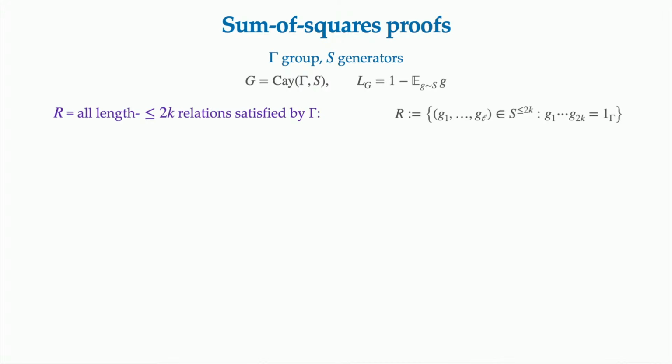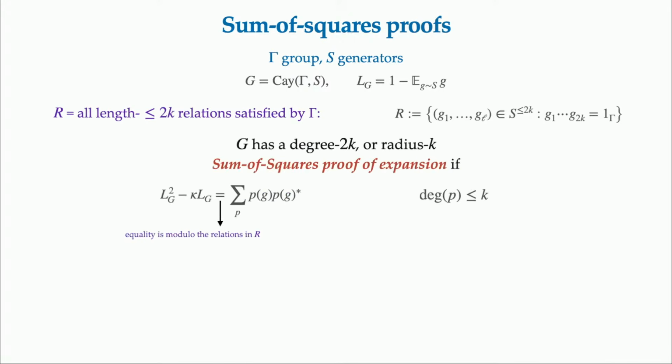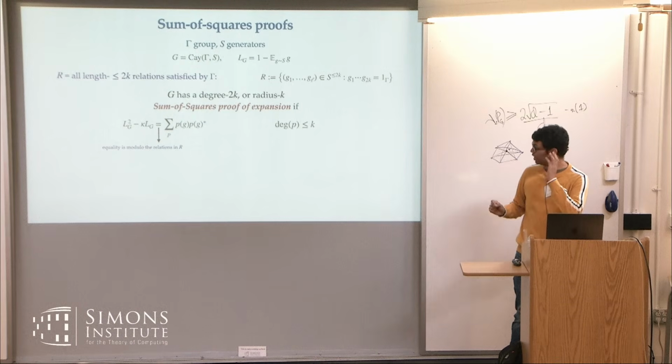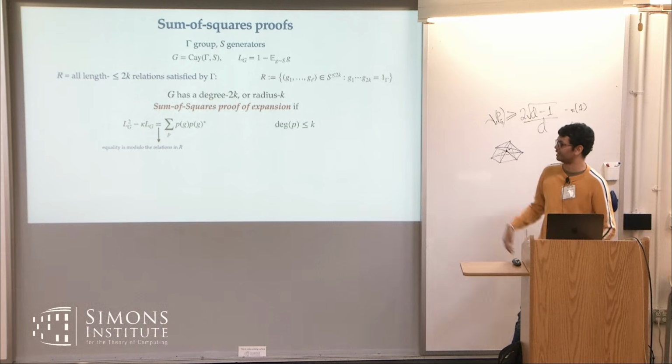Now I'm going to make a definition. The definition is that the Cayley graph G has a degree 2k, or equivalently radius k, sum of squares proof of expansion if the square of the Laplacian minus kappa times the Laplacian, think of kappa as being a small constant larger than 0, can actually be written as a sum of a bunch of polynomials of G times the adjoint of the same polynomial.